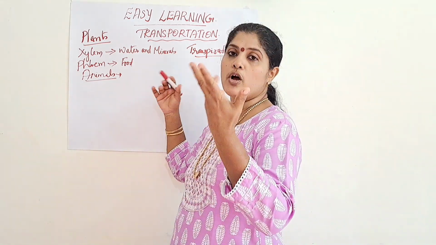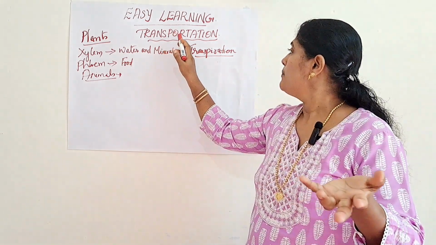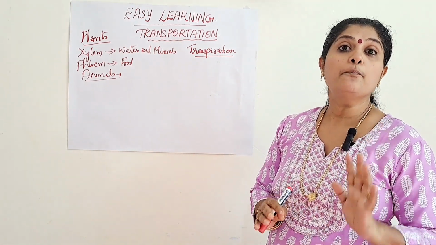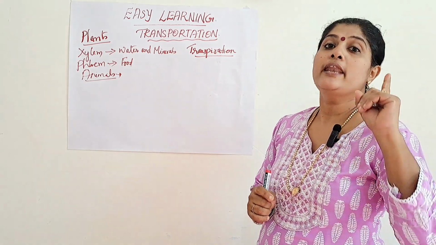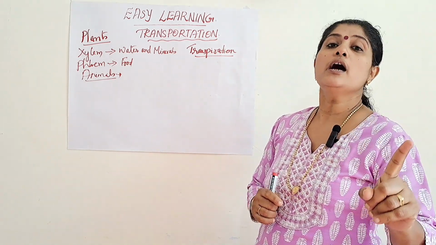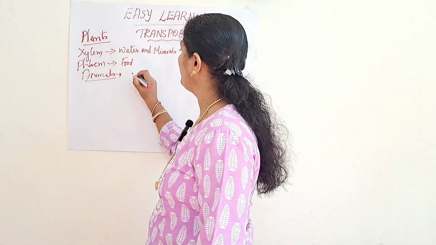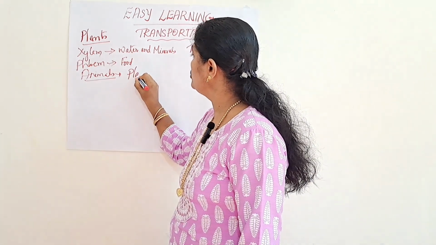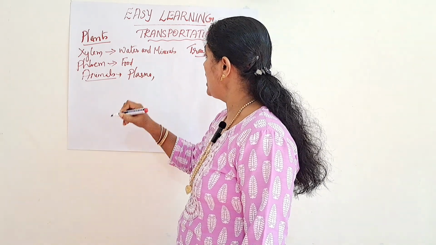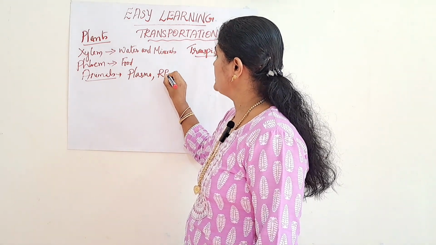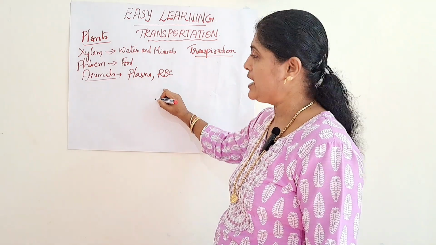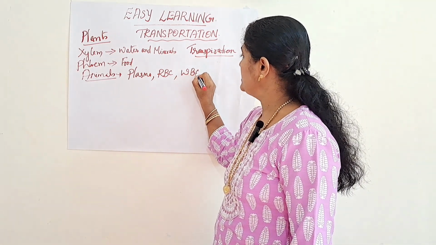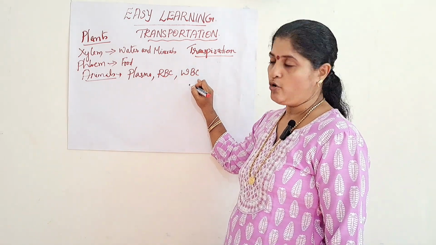Before going to the important part under transportation in animals, we should know the components of the blood. That is always an MCQ question or a 2-mark question. The components of the blood, you should know only the terms. One is the plasma. Second is the RBC, that is the red blood cells or red blood corpuscles. Third is the WBC, that is the white blood cells or white blood corpuscles.